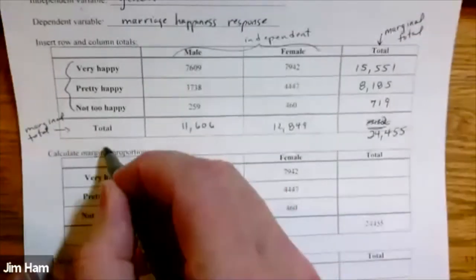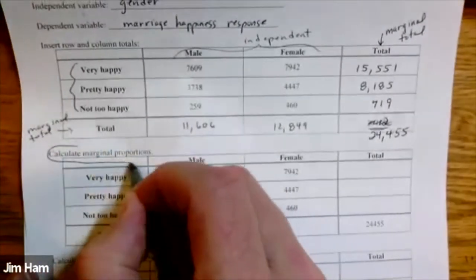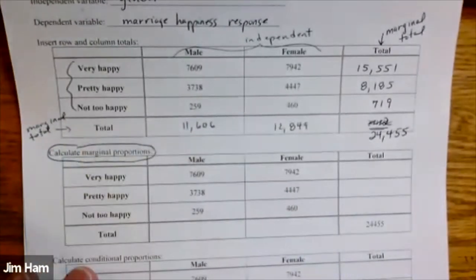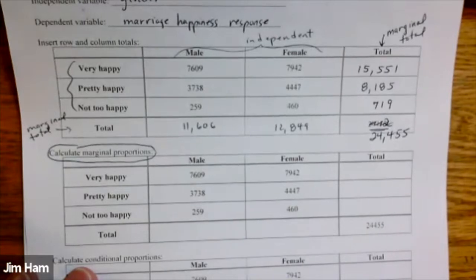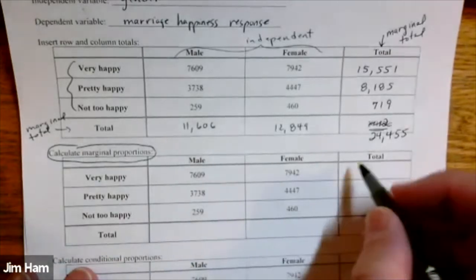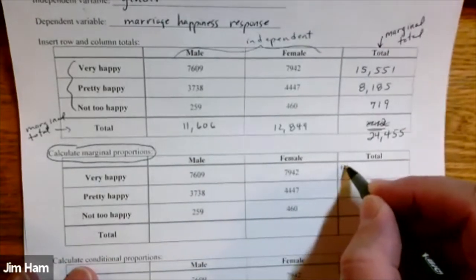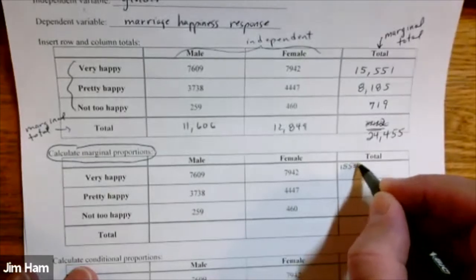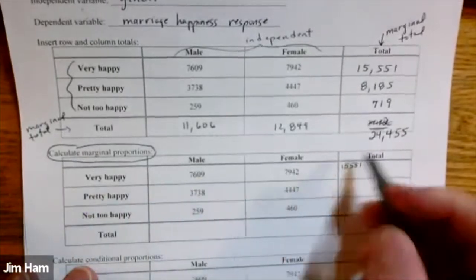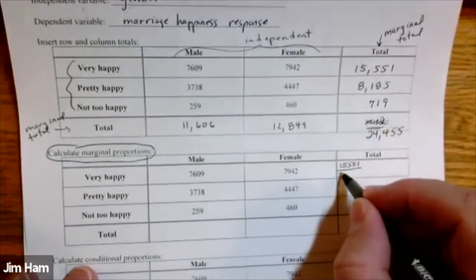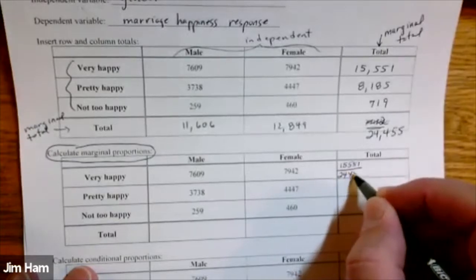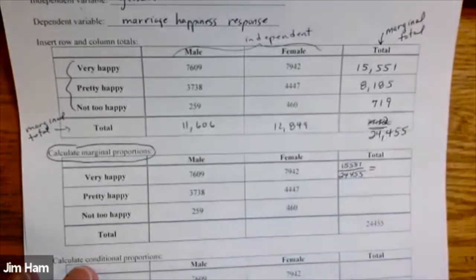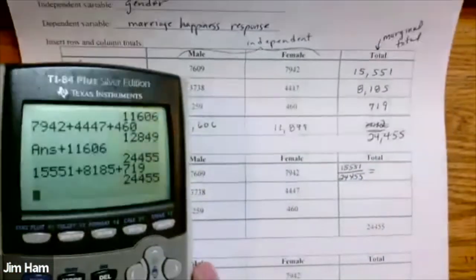The first thing we're going to calculate here is just the marginal proportions, because if we convert the marginal proportions into percentages, then we can describe the data set in a little more detail. For example, if we took the 15,551, which is the total number here, and divided it by the total, 24,455, you would get a decimal that you could convert to a percentage.